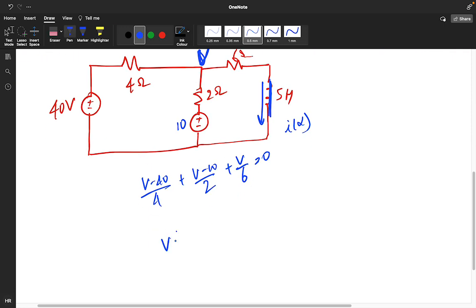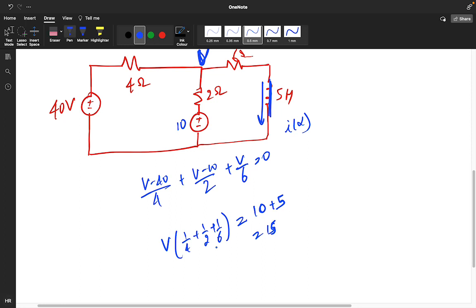So V times 1 by 4 plus 1 by 2 plus 1 by 6 is equals to 10 plus 5, 15. Solve this equation and get the result. 4 inverse plus 2 inverse plus 6 inverse, we are getting 11 by 12.